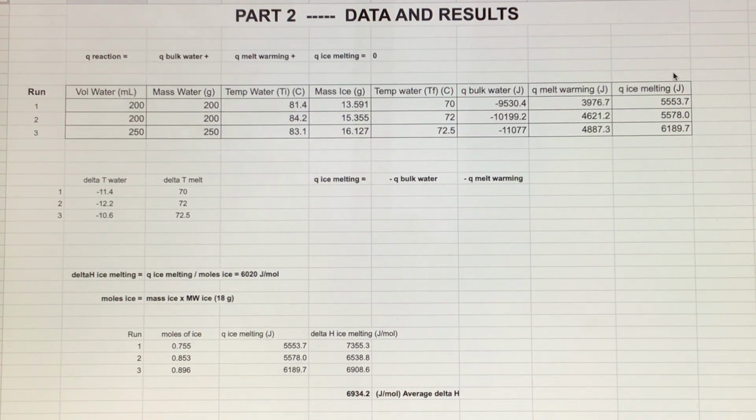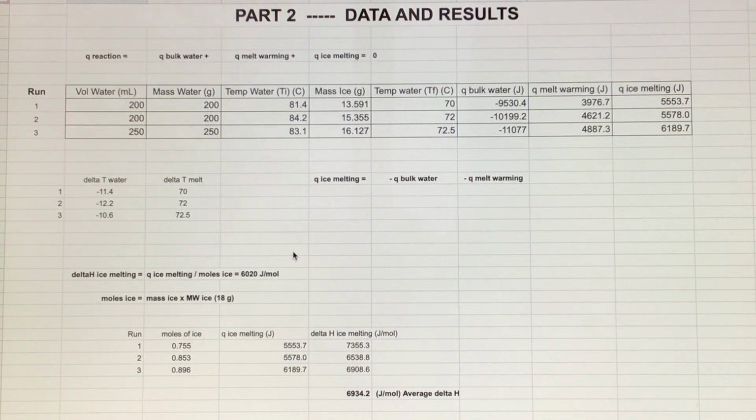So I asked you before, what do you think the Q ice melting is going to be, exothermic or endothermic? So this is positive, and therefore the Q ice melting, the heat necessary for the ice to melt, is positive, and therefore the reaction is endothermic. Okay?